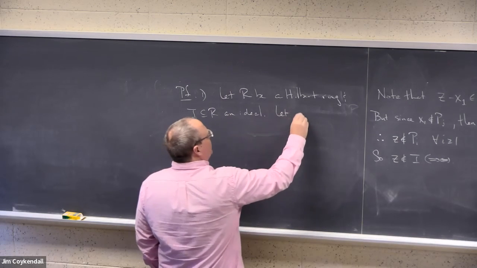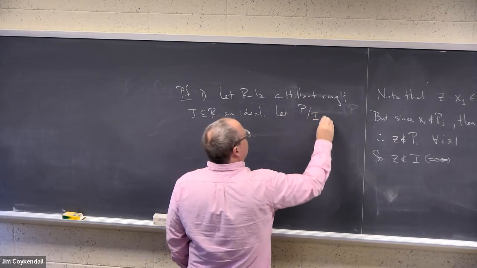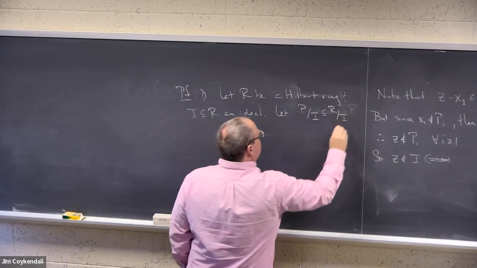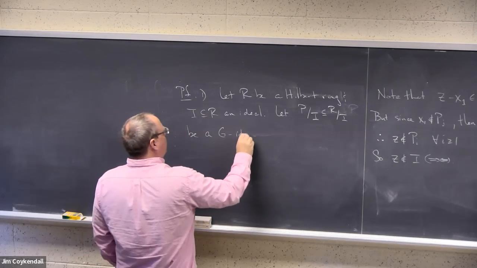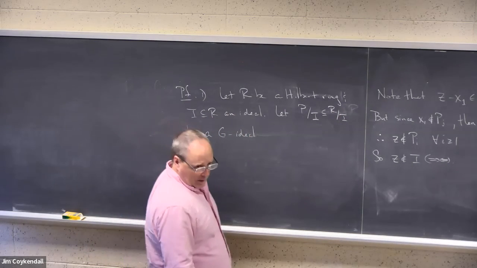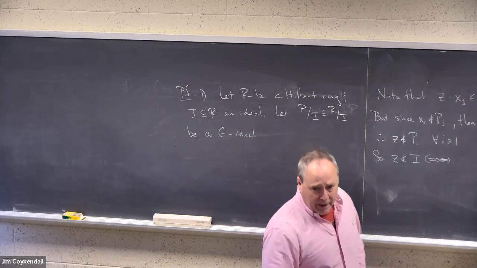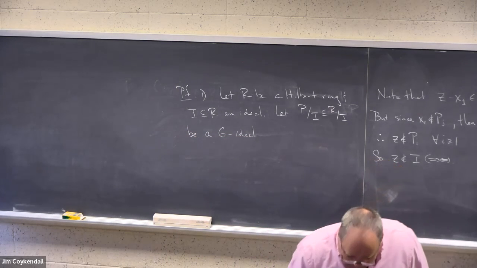Let P mod I be a G ideal. What we have to do is show in R mod I that every G ideal is in fact maximal.